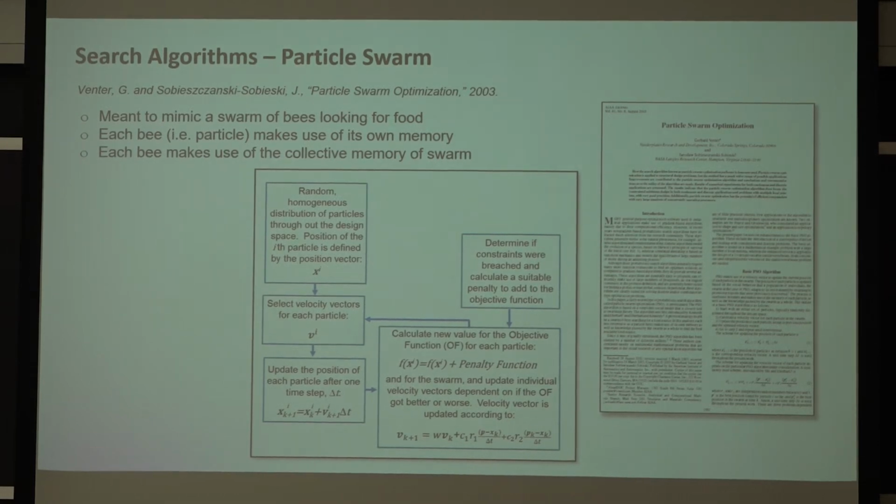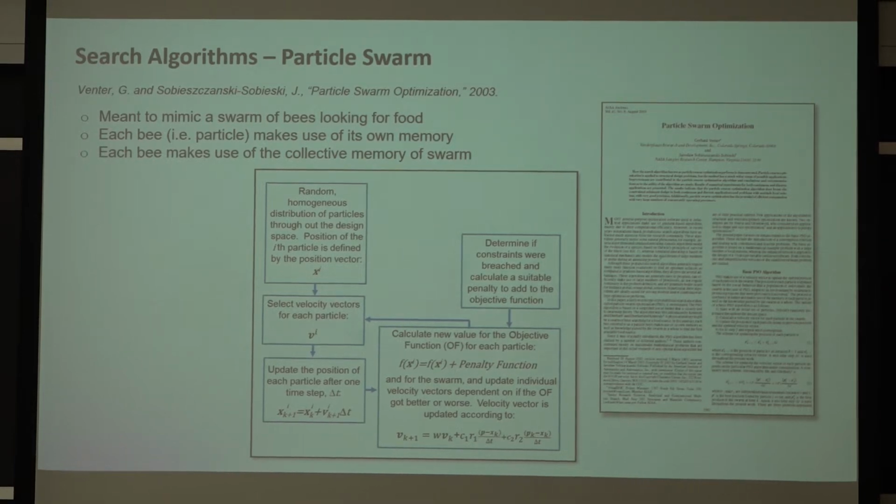Each particle has a vector associated with it. This search direction is initially pointing in some direction that's chosen randomly. The particle is moved to the next point based on that random design vector, and then the objective function is recalculated to see who went up and who went down. Depending on if it's a maximum or minimum, that's either good or bad.